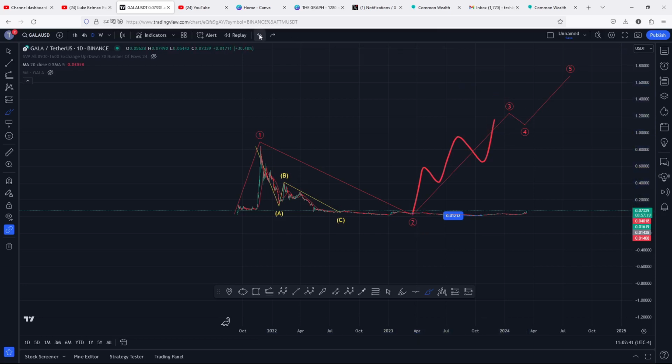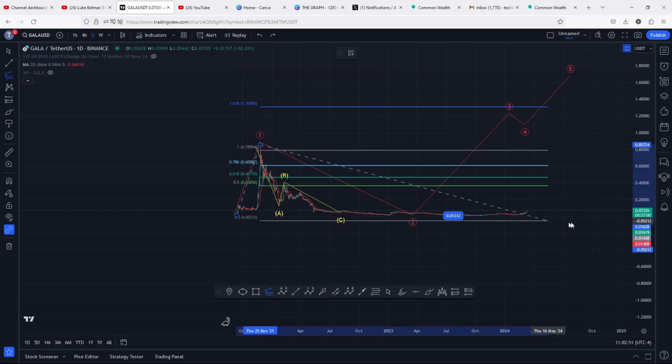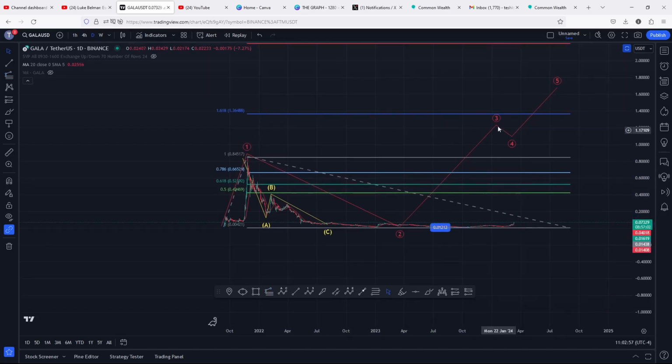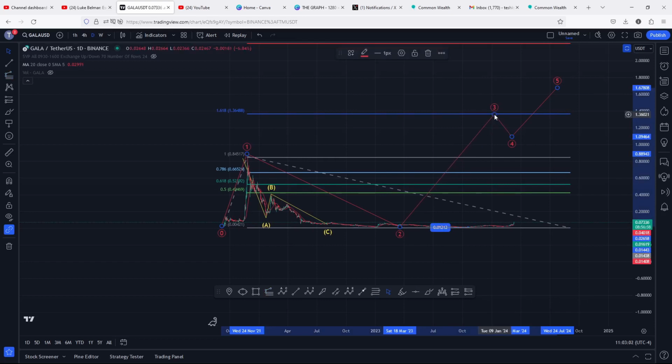And the minimum target areas for that wave 3 can be given by connecting the trend-based Fibonacci from the low of the first wave to the high of that wave 1, then dragging the fibs to the low of the second wave, giving me a minimum target area for the third wave above the fib level 1.618, and that is above the 1.36488.